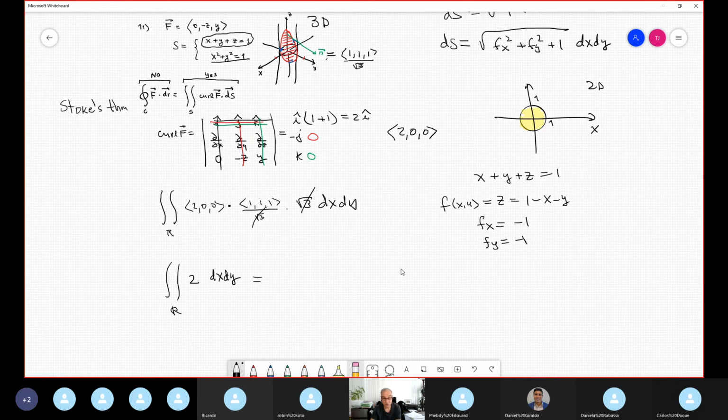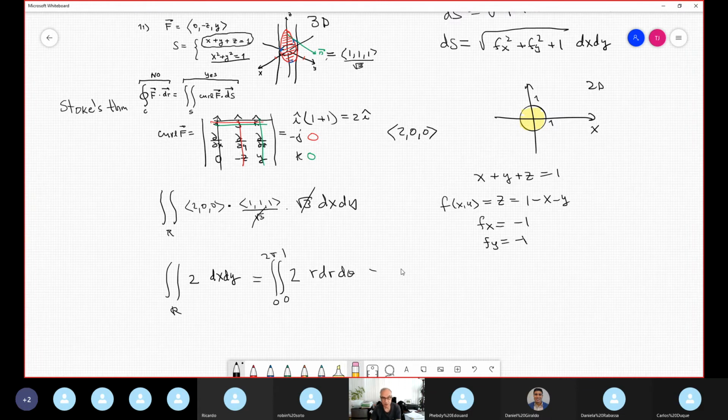Because the region is a circle. Then dx dy is r dr d theta. R varies from 0 to 1, and theta varies from 0 to 2 pi.